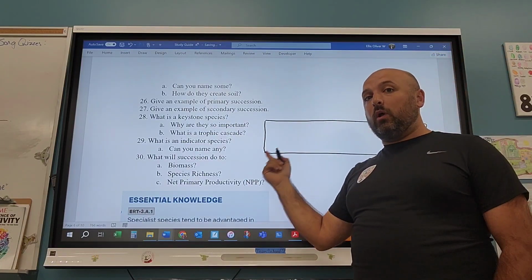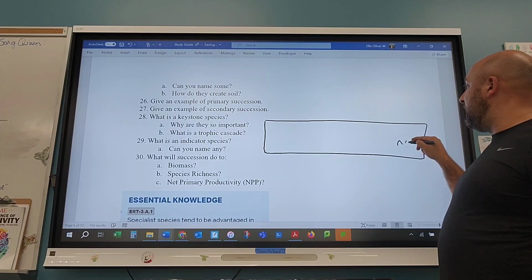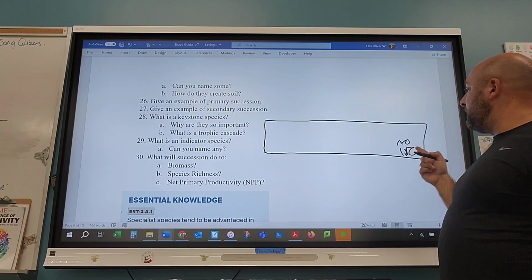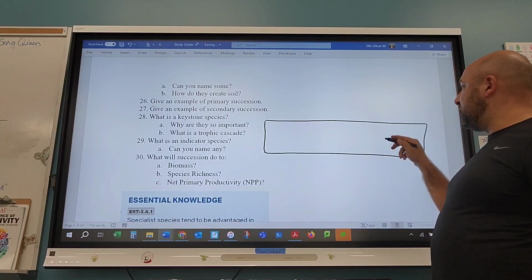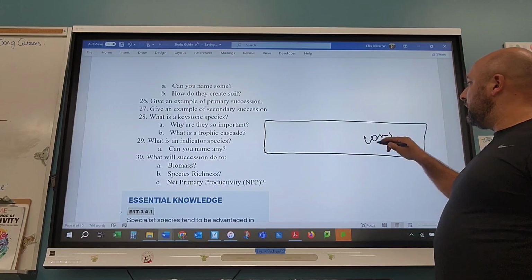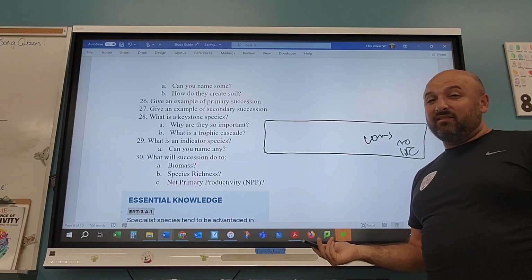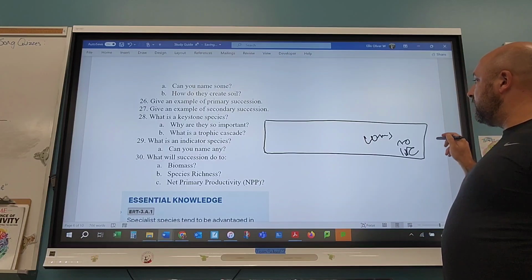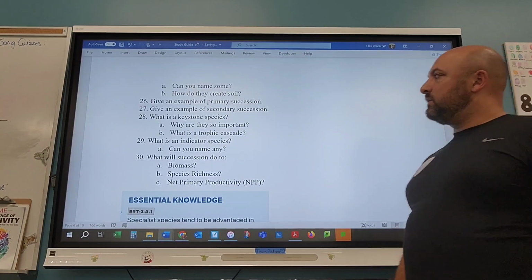It indicates the quality, right? If we go and look at a river or stream and there's nothing, there's no life, we know that there's pollution. That indicates it's a bad environment. Or let's say we find lots of worms, okay? Lots of worms means lots of decay, means there's not a lot of stuff living there. So these are all indicators of the quality of an environment. That's what indicator species do.